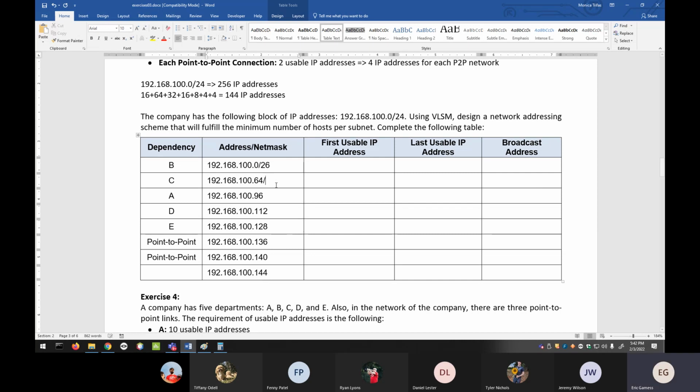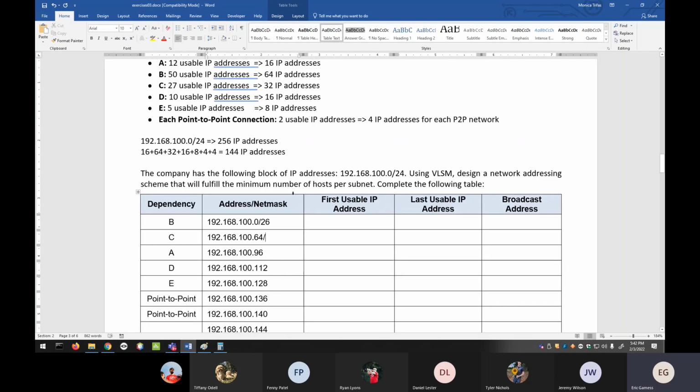Okay? So what is the size here? / what? C needs 32 IP addresses. So it should be a / what? /27, of course, no? A /27 of 32 IP addresses. Why? 32 minus 27 is 5. 2 to the power 5 is 32.